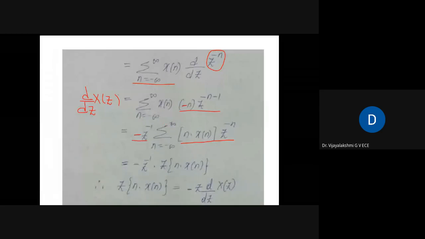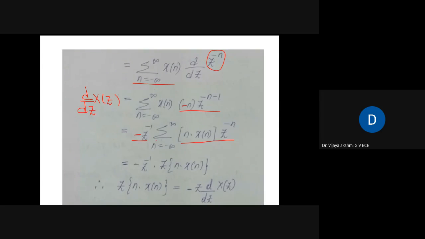So summation of n varying from minus infinity to plus infinity, now it becomes n. I have taken the minus sign outside. So this is n into x of n into z power minus n. Fine. So I have here now minus z inverse.